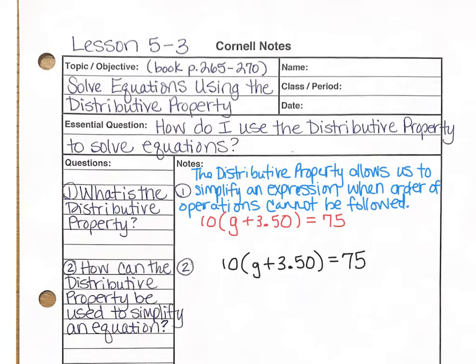In this problem, we need to use the distributive property to distribute the 10 on the outside to each of the pieces on the inside. Now, thinking back to the original question, again on page 266 in your book, we know that Chen had 10 graphic novels, which means the original value of those 10 novels was 10 times that number that we don't know right now.